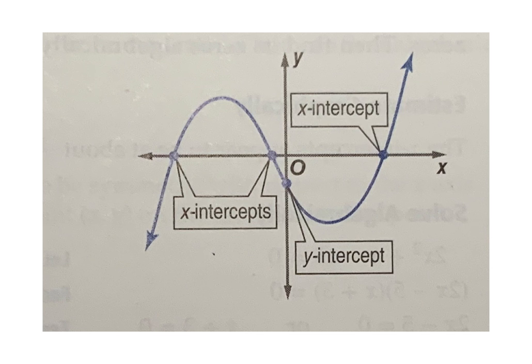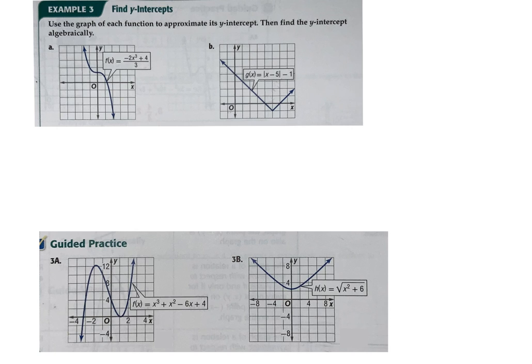So let's look at example 3. Use the graph of the function to approximate the y-intercept, then find it algebraically. All right, so if I were to look at this, my y-intercept here, I'm assuming these are 1, 2, 3, 4, and so on and so forth, would be about 1 1/3. Everybody see that in your book?